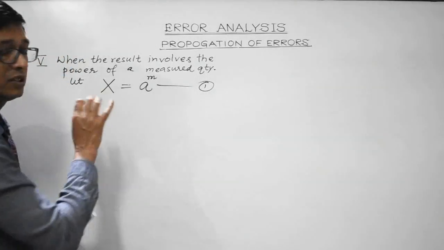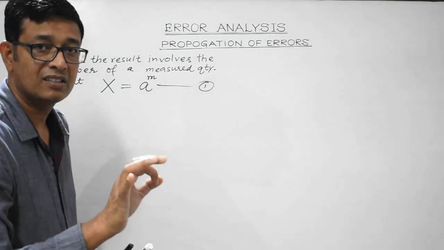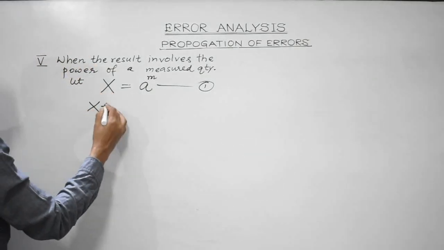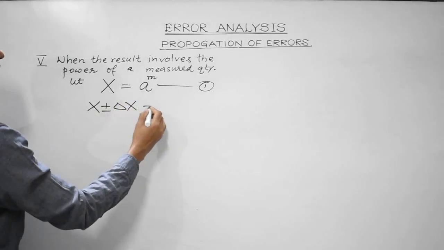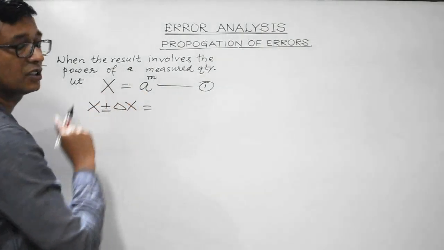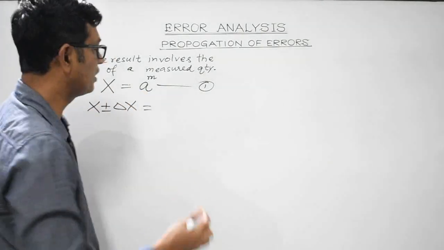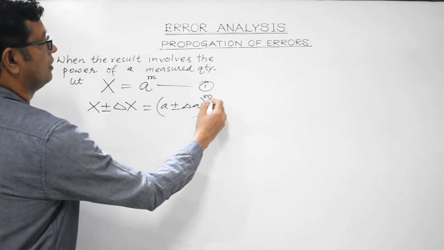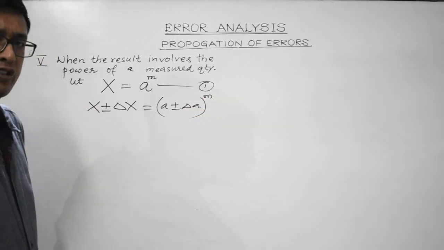So what is the proper way of writing the result x in terms of its absolute error? It can be written as x plus minus del x. What is the proper way of writing this measured value a in terms of its absolute error? It will be a plus minus del a. Am I clear? Now let's solve it.